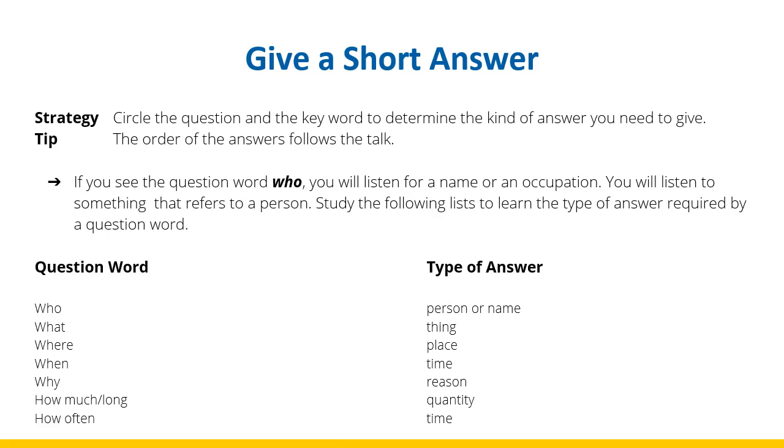Where refers to a place, when refers to a time. When your question begins with why, it refers to a reason. How much or how long, it's a quantity. And how often, that means it's a time again. So make sure you study and identify these types of words, and that will help you to be more prepared.